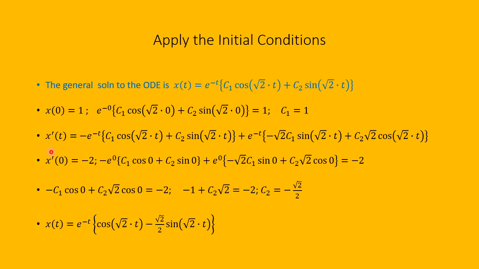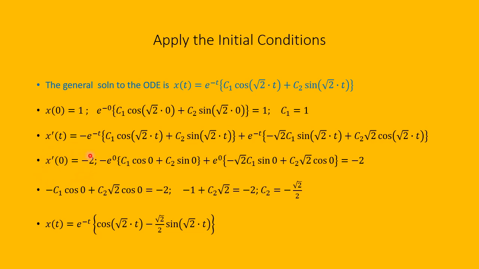So x prime of t is minus e to the minus t times the quantity c1 cosine of the square root of 2t plus c2 sine of the square root of 2t, plus e to the minus t times the quantity minus the square root of 2 c1 sine of the square root of 2t, plus c2 square root of 2 cosine of the square root of 2t.